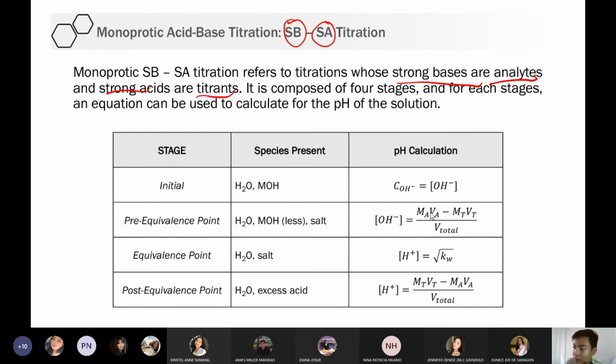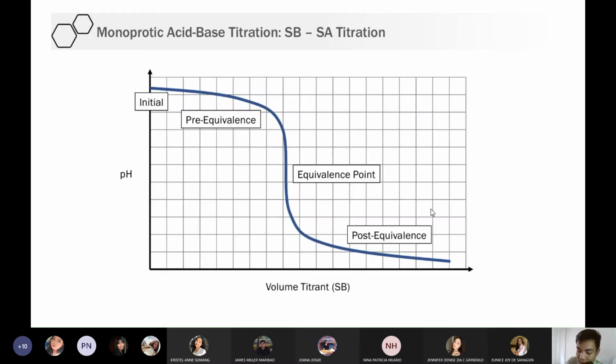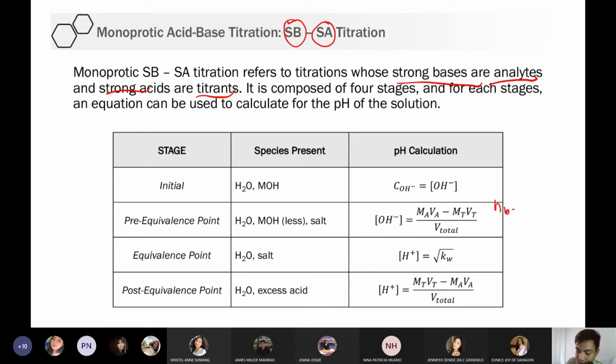Okay. So, this is the mole base minus mole acid divided by V total. So, to solve for the concentration of OH, as you add your titrant, is this mole base minus mole acid divided by V total.